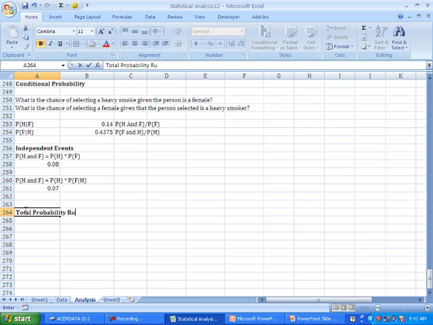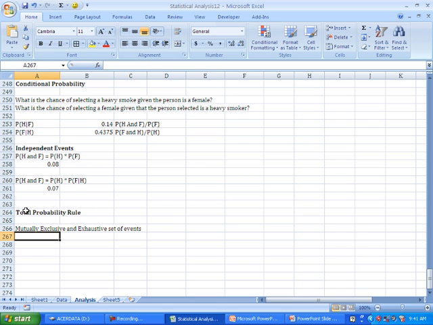What this rule helps us with is, if I am able to identify a mutually exclusive and exhaustive set of events. What are they?